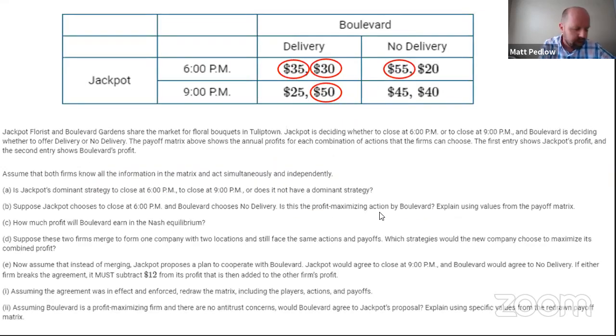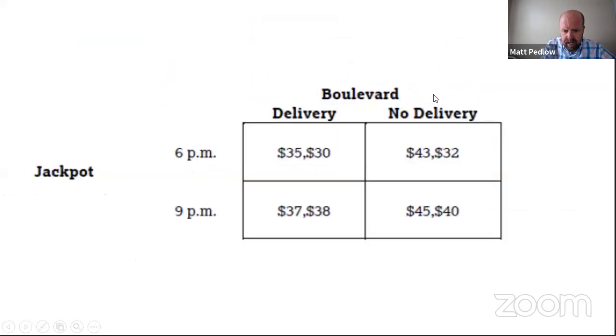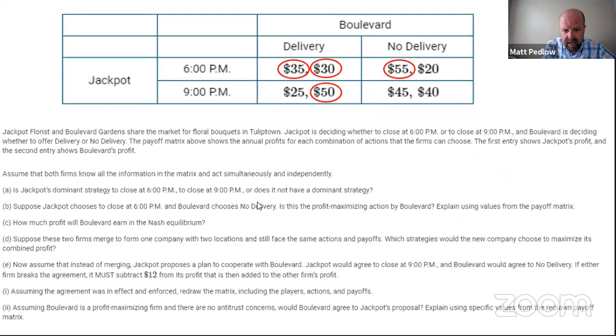Okay, look. No delivery, okay? And now, if they did this, they would agree to it because they're going to make, in fact, more money by doing this, okay? So if you look back at this, right? Originally, what did we say?